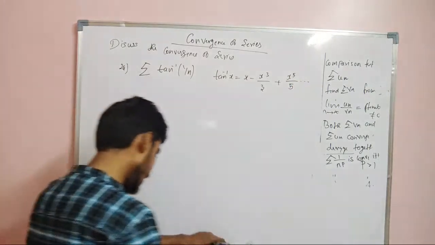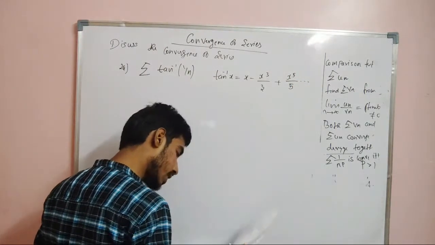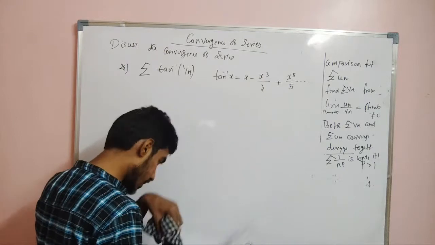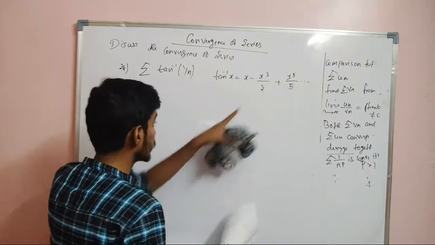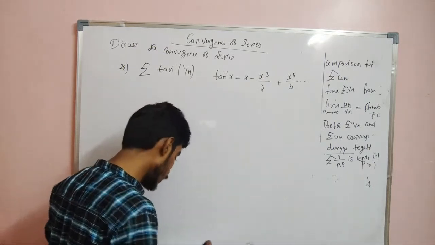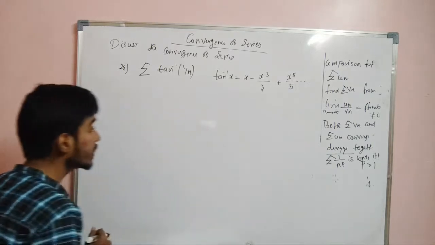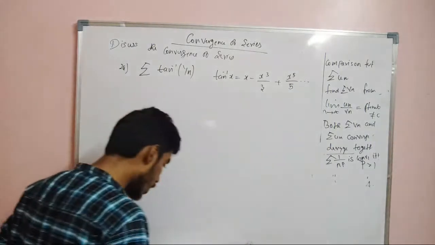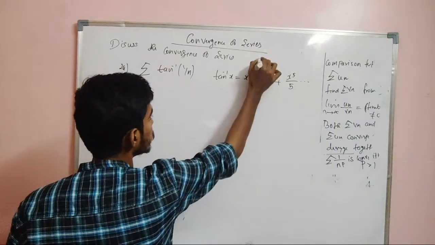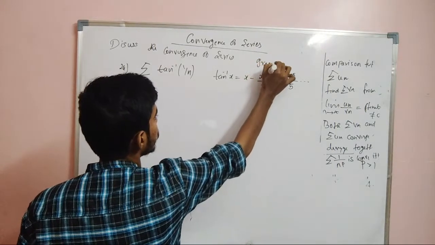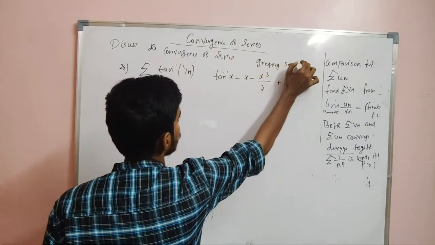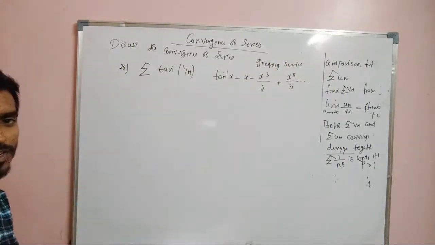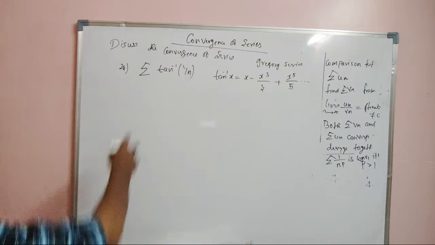In sin x we will have factorials, 3 factorial, 5 factorial, but for tan inverse x we don't have factorials in the denominator, which is called the Gregory series. It's a very fundamental formula that you come across in school. So just make use of this formula.